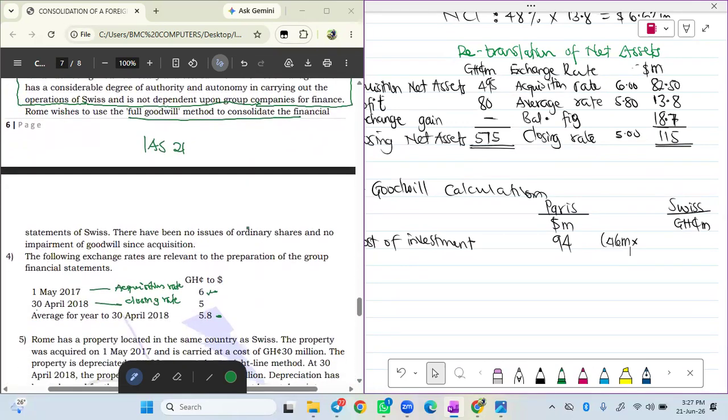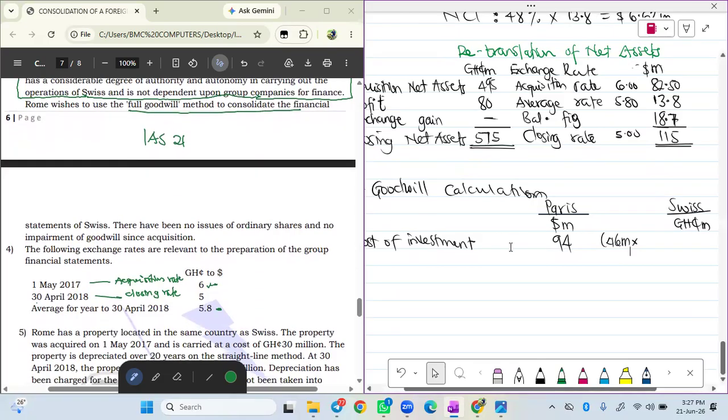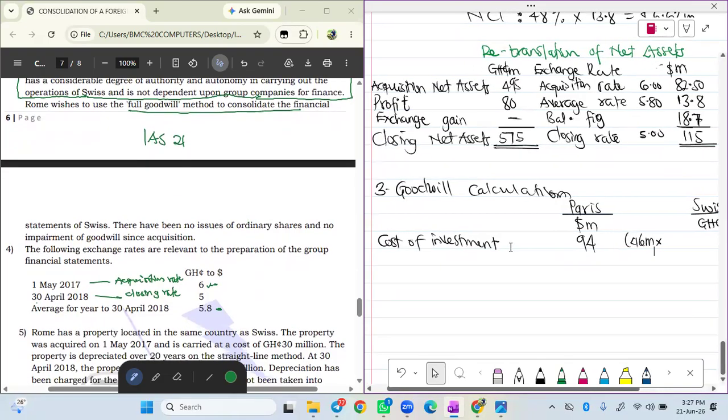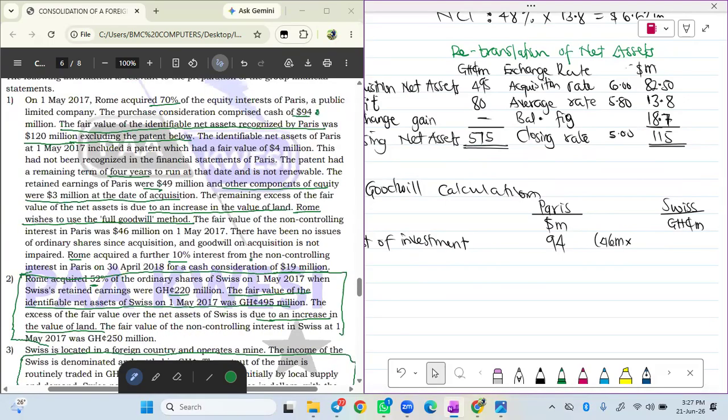What rate are you going to use? Additional information 4. We have 3 rates: 6, 5, 5.8. Acquisition rate. Thank you. On 1st May 2017, because the 52% was achieved on 1st May 2017.